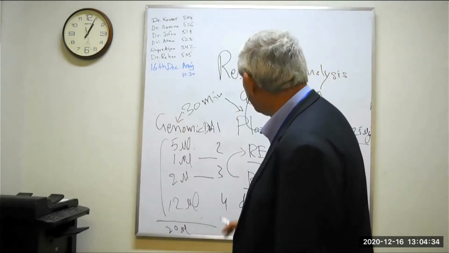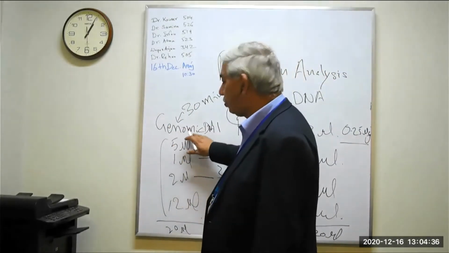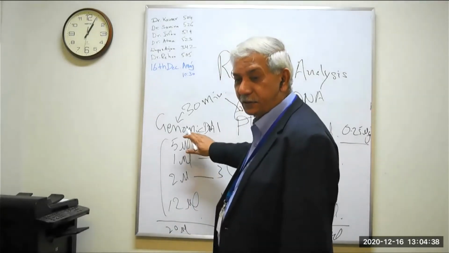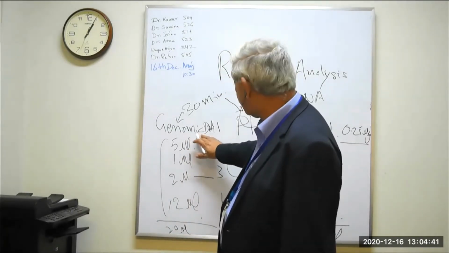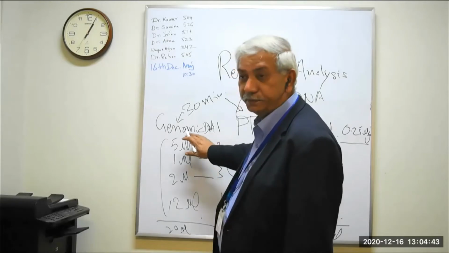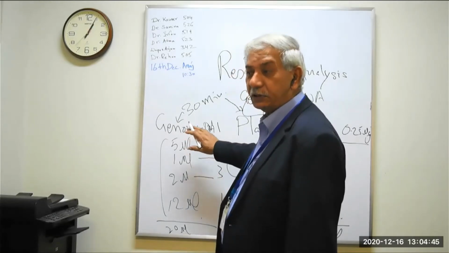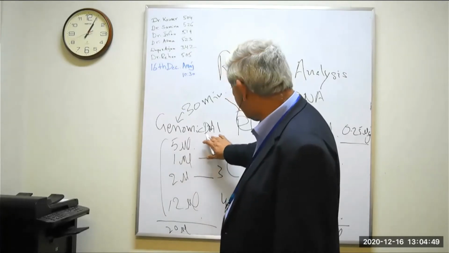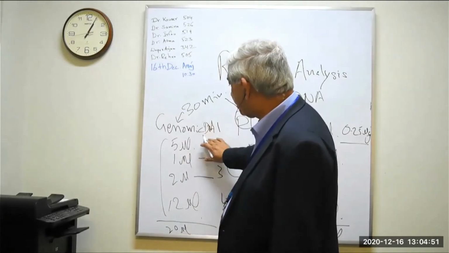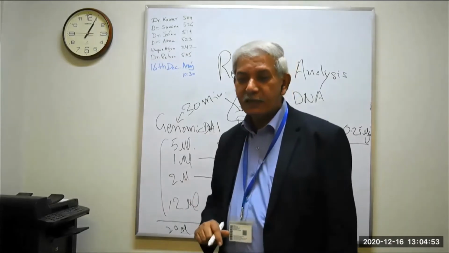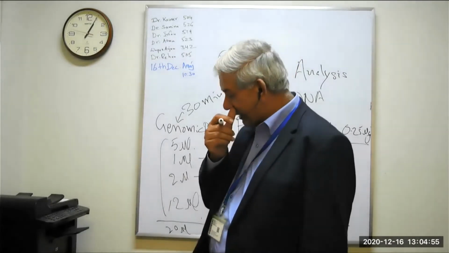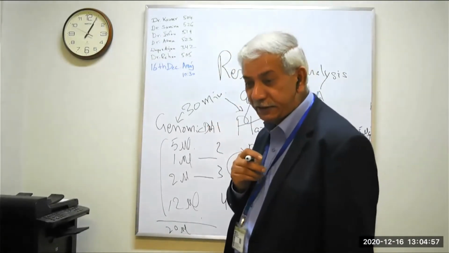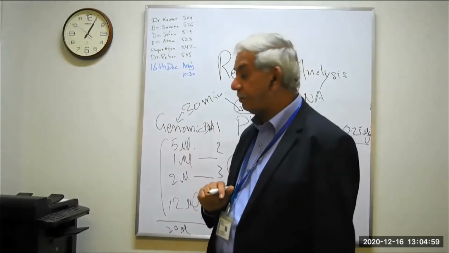On the other hand, the genomic DNA cannot get cut to completion in 30 minutes. We need to incubate overnight for complete digestion of the genomic DNA. So 30-minute digestion will result in partial digestion, and that is important to see rather than going for complete digestion.